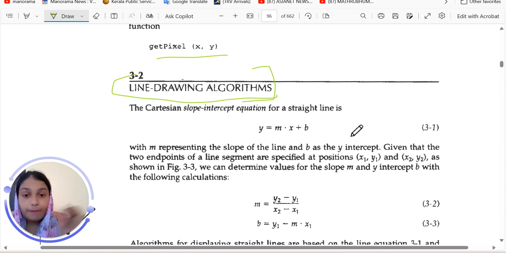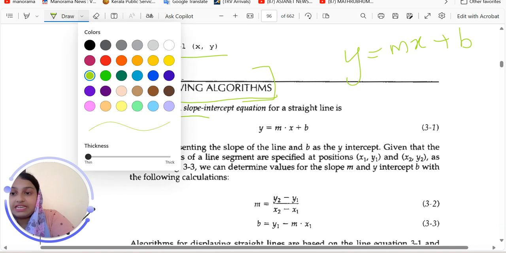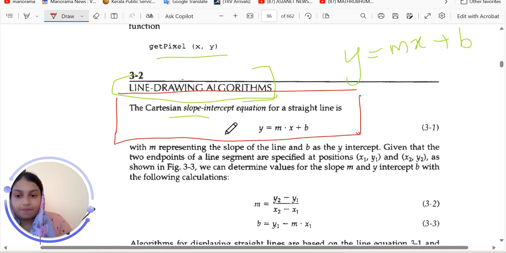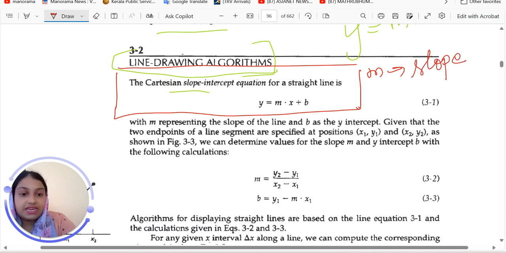The Cartesian slope intercept equation of a straight line, that is y equal to mx plus b, is the equation for a straight line. Here m represents the slope of the line and b is the y-intercept.